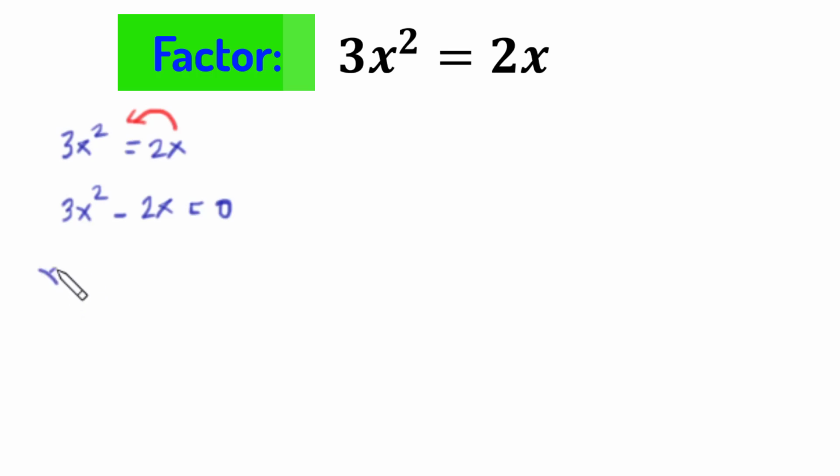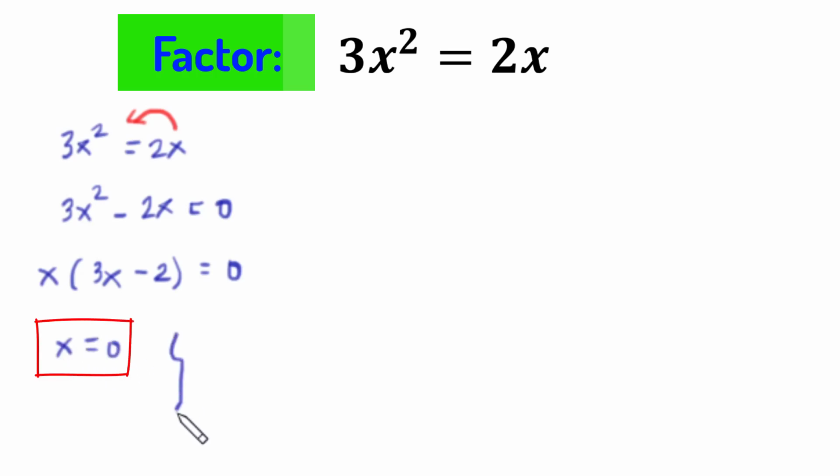So that becomes x parentheses. 3x squared divided by x, that is 3x. Negative 2x divided by x, that is minus 2 equals 0. And then we can now apply the zero factor property. So that becomes x equals 0, and the other one is 3x minus 2 equals 0.